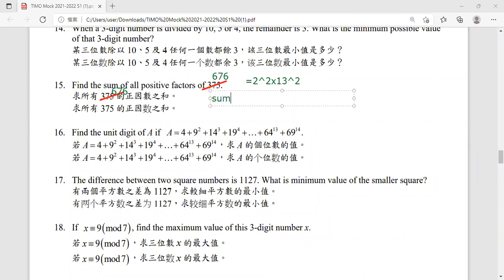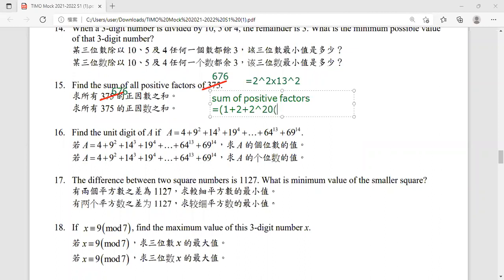So they will be what? Now I have two 2s. So I have 1 plus 2 plus 2 squared. Okay, I have two 13s.